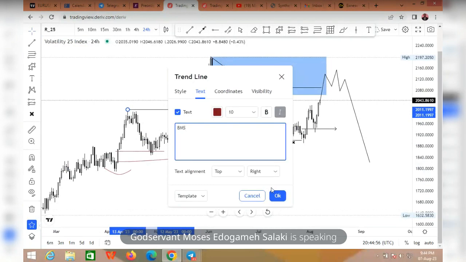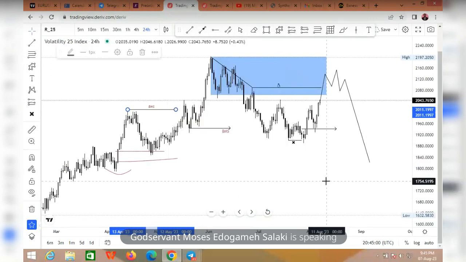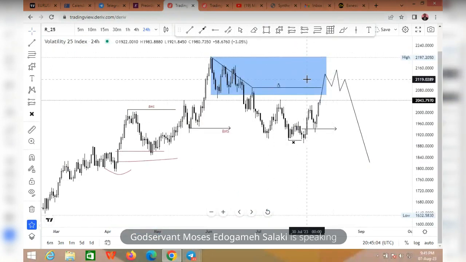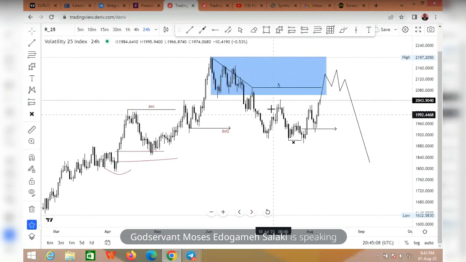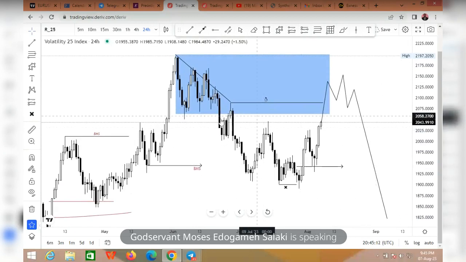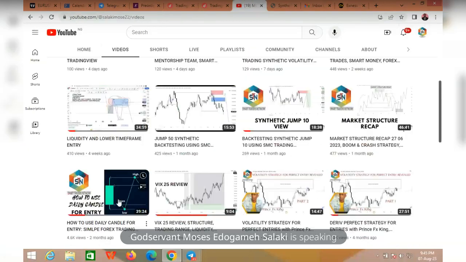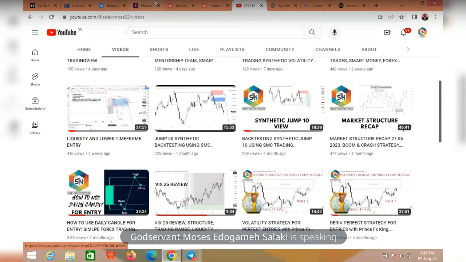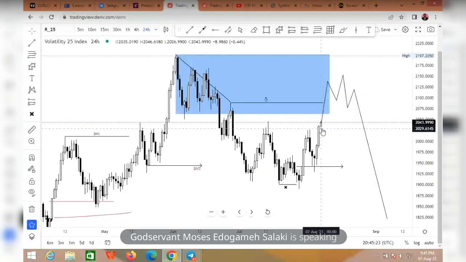So I really do not see why price should want to wick out or something. Price should distribute or redistribute here and we go down. But if you want to keep buying, making use of how to use the daily candle for entry, then what you want to do is allow today's candle to close, because you obviously have missed it already.